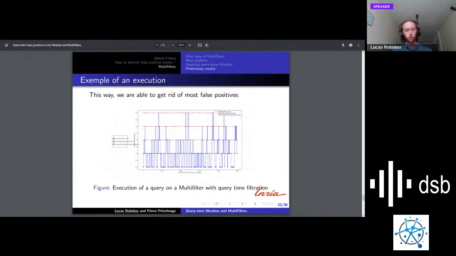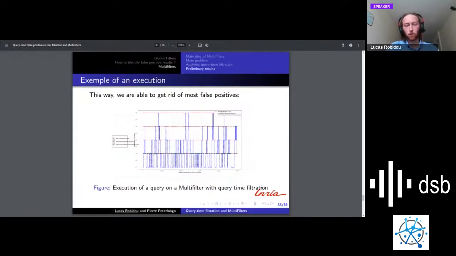In the blue dotted line, you have the truth, what you would expect to have if you have a hash table. In practice, it's not possible to have a hash table that is that large. That's why only a part of the query is represented here.